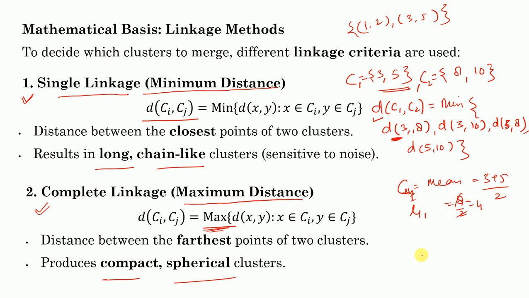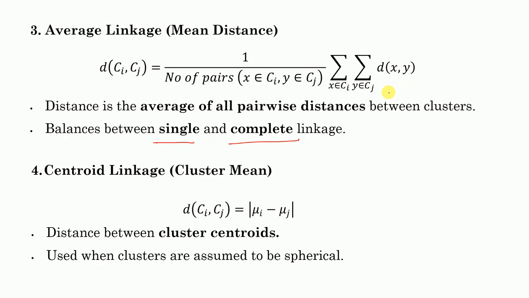Similarly mu2 equals 8 plus 10 by 2, so 18 by 2, this is 9. So this is the centroid of every cluster. This method can also be used. Okay, so these are the different ways you can use for calculating distances.